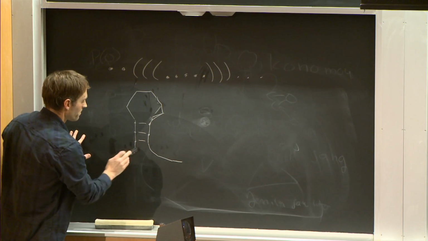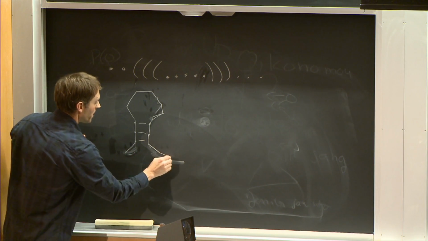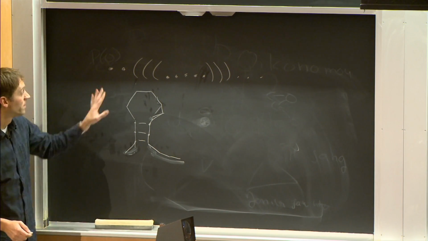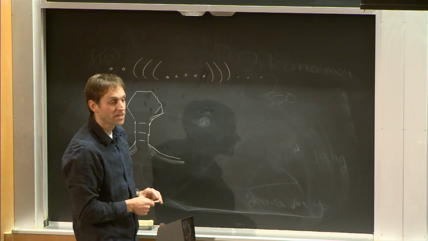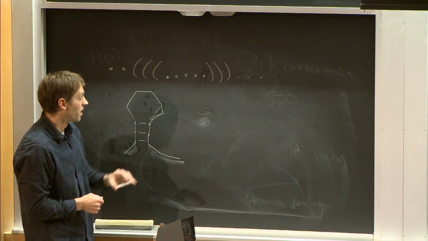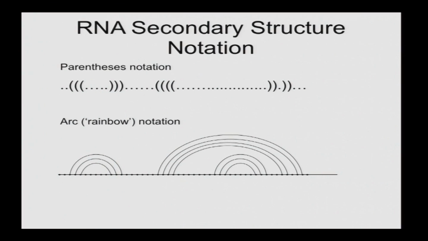I should probably draw this coming out to make it clearer that it's not paired. This notation you can convert to this. After a while, it gets relatively easy to do this, except when they're super long. So that's what the left part would look like.